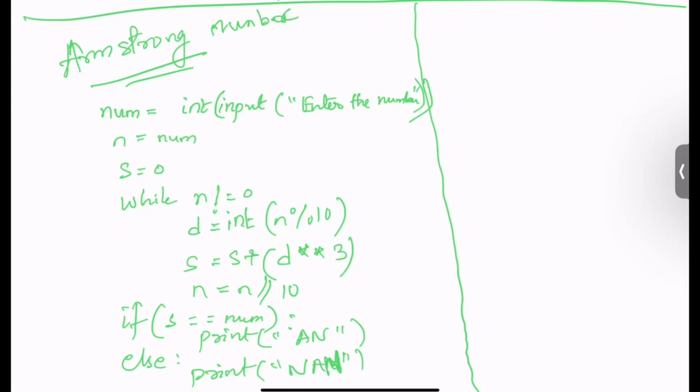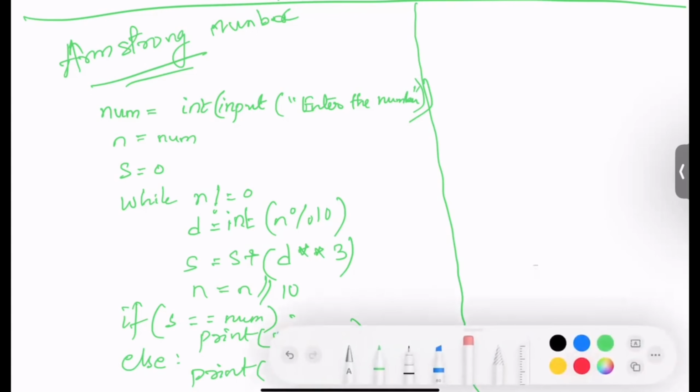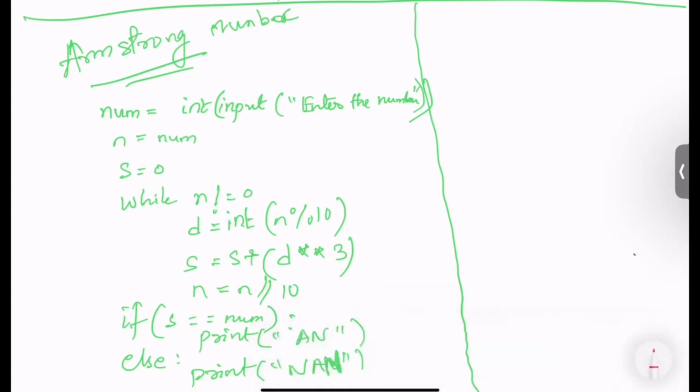What happens here? Let's say the user takes a number as 153. When you run the program, it will ask you to enter the number, so you enter 153.